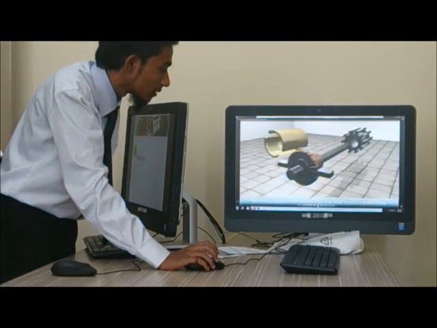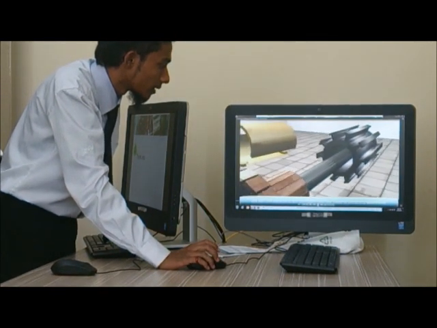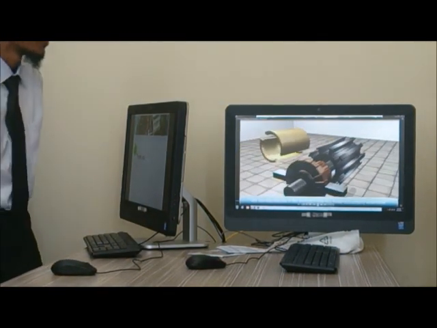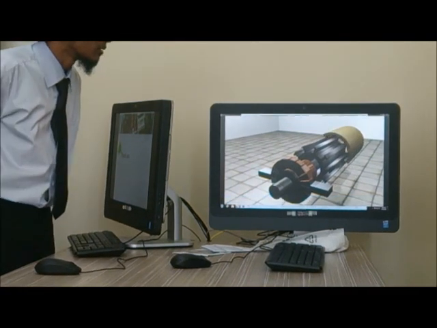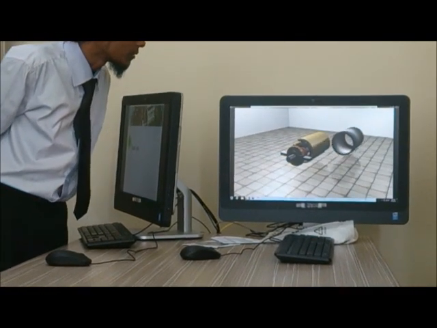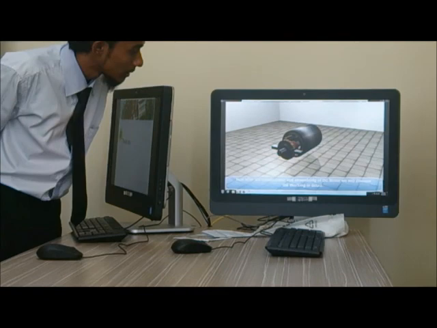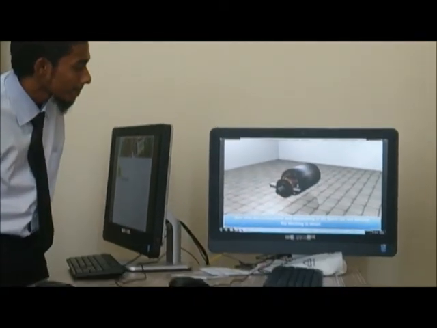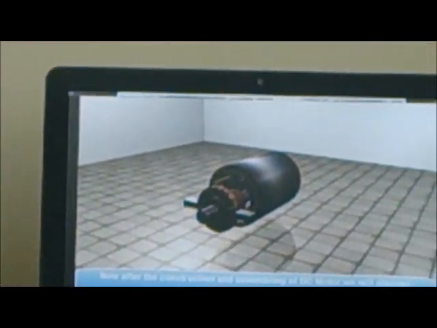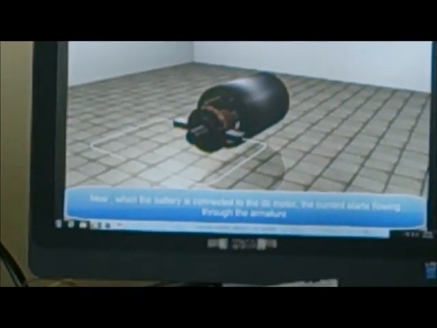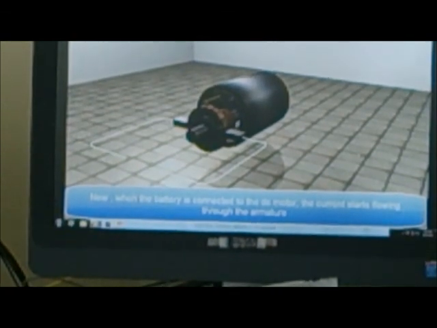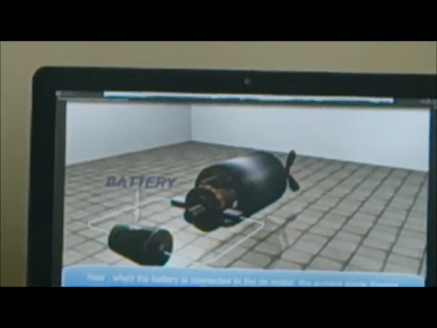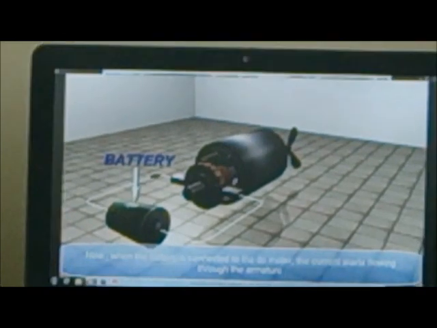We can now observe in the animation how this motor is practically assembled. You can see how the motor is assembled. Now, after the construction and assembling of the DC motor, we will discuss the working in detail. When the battery is connected to the DC motor, the current starts flowing through the armature.